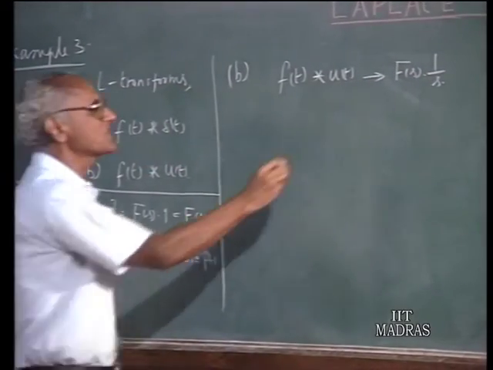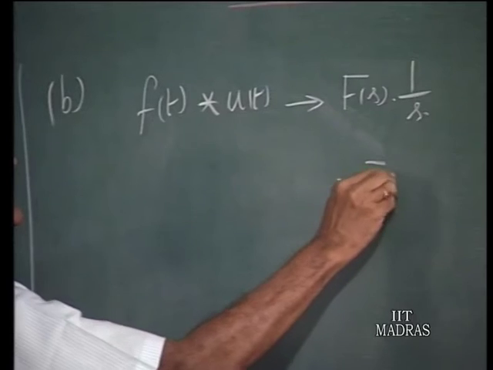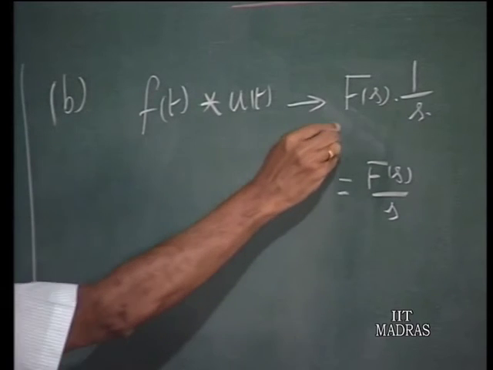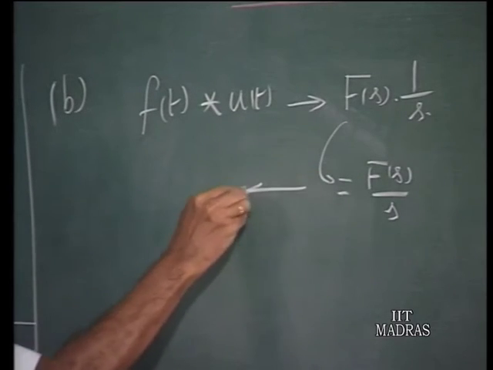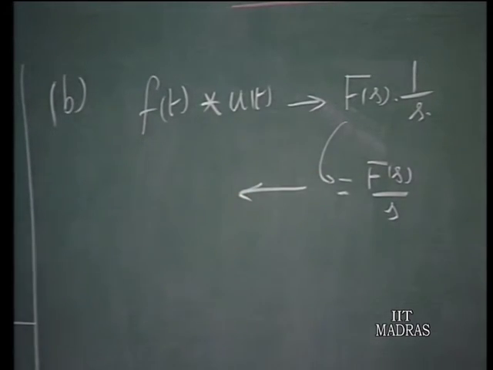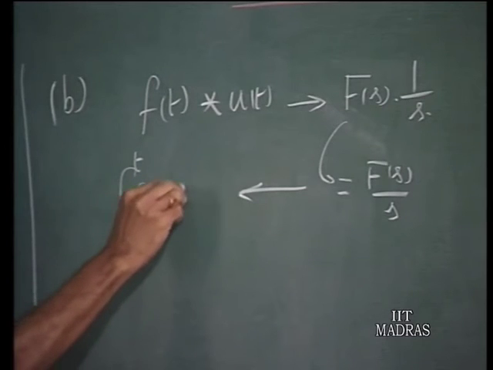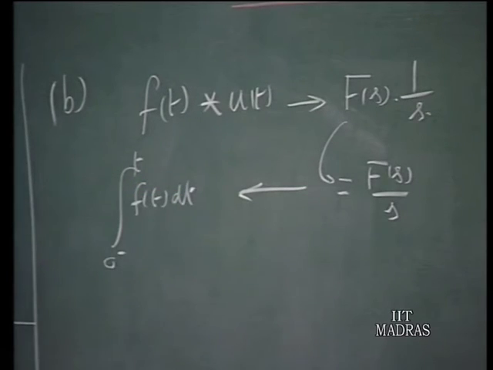So, this is f of s over s, and we know that f of s over s has the inverse Laplace transform the integral from 0 minus to t of f of t dt. So, when you convolve f of t with a unit step function, it is the integration of f of t.